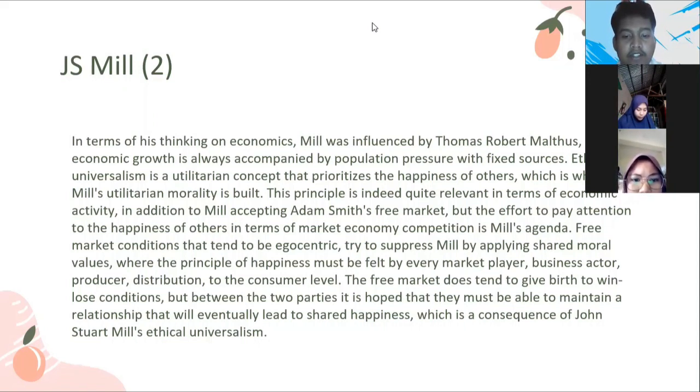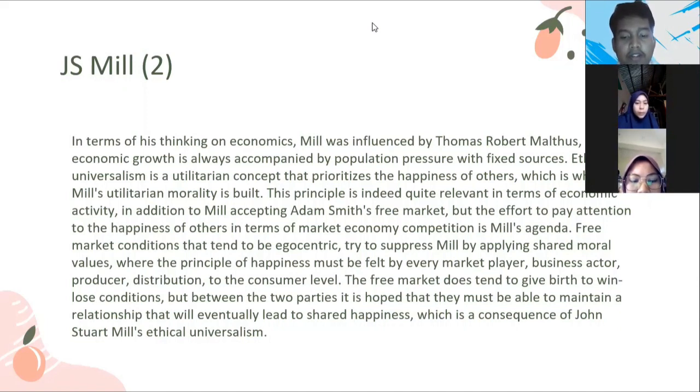Free market conditions, which tend to be self-centered, Mill attempts to restrain by applying common moral values, where the principle of happiness must be felt by every market participant, business sector, producer, distributor, down to the consumer level.